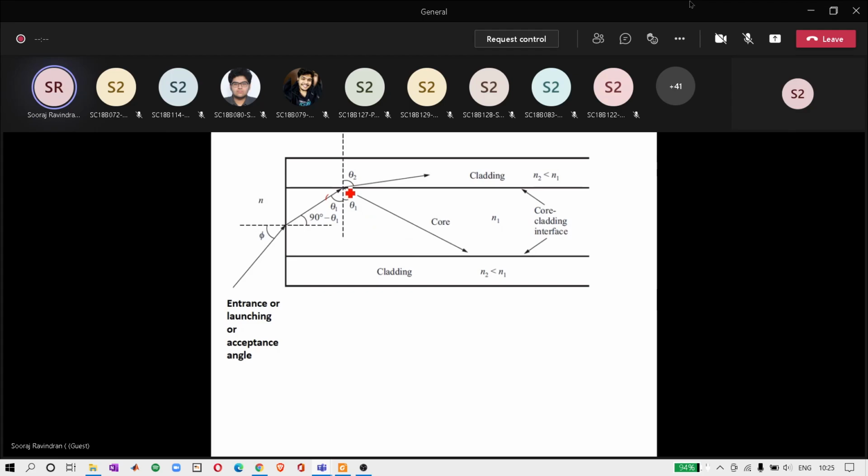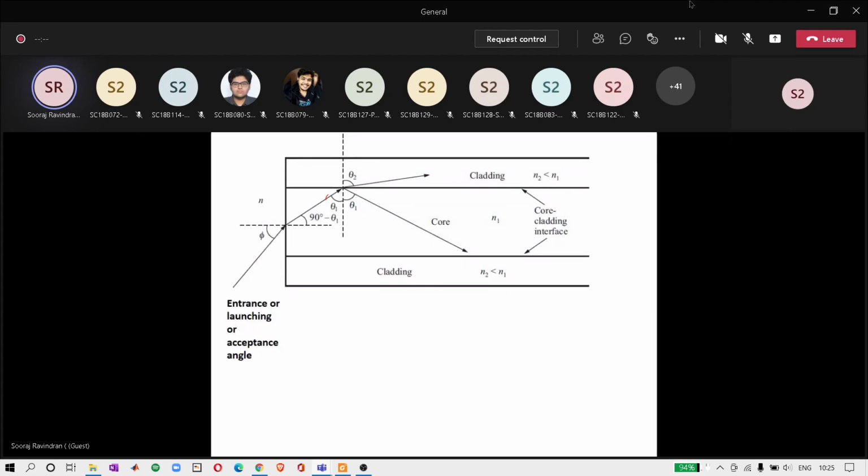Some light, some photons would be escaping the core. If it escapes the core, then it ends up in the cladding. That means you are losing some information signal. So ultimately, at every multiple reflection, if you are losing signal, then at the receiver side you will not get any information signal.